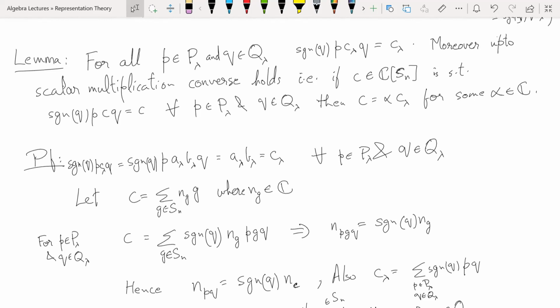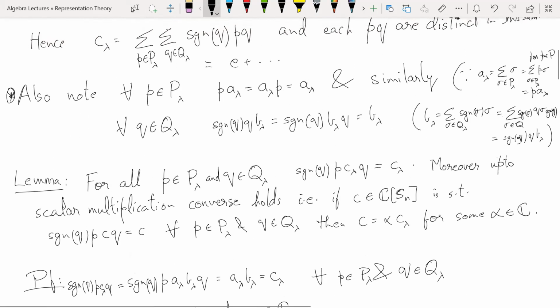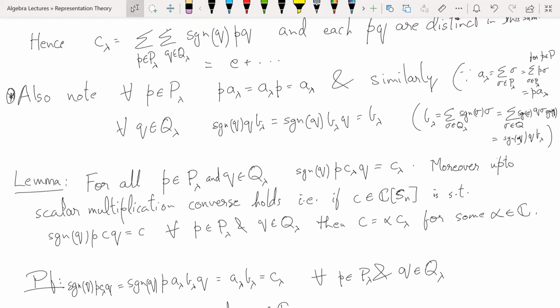So if n_{pgq} is sign of q times n_g, then that tells you that n_{pq} is sign of q times n_e. So if we prove that pq is basically n_e up to sign of q, this is what we wanted to say about the coefficient of pq in c.